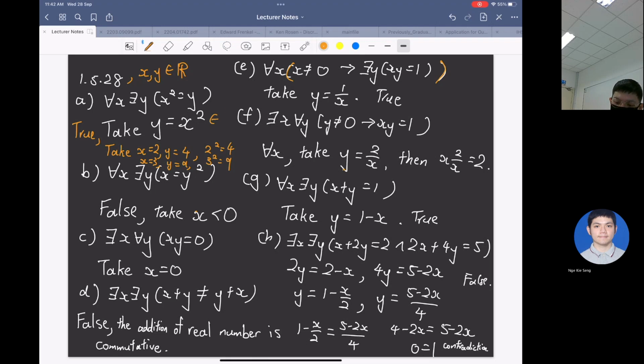Because x squared lives in R, so y is in R. For this kind of question, for every x there exists y, you need to tell me what y I take. In this question, I take y equal to x squared. Why does it work? Because if you multiply two real numbers together, the result still lives in the reals. So this is a number inside my domain.